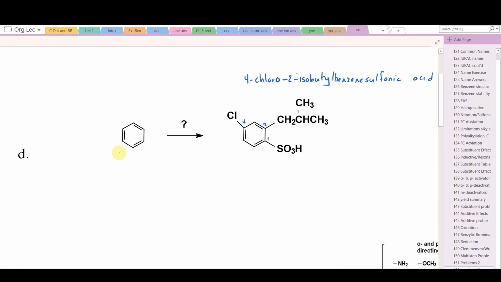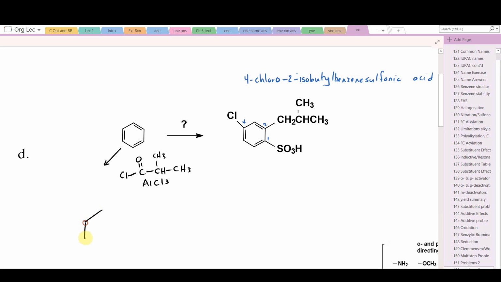So let's start by acylation. We'll add this acyl group with the Friedel-Crafts catalyst.